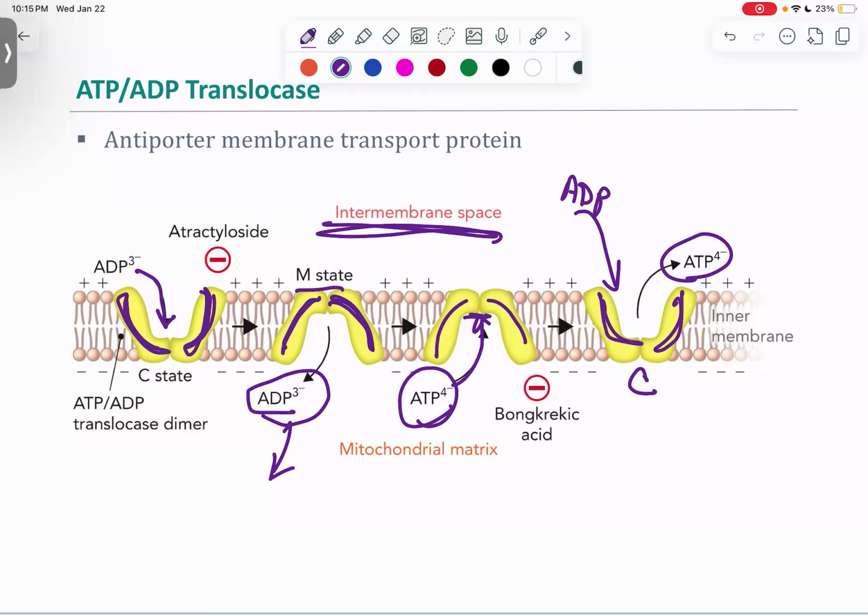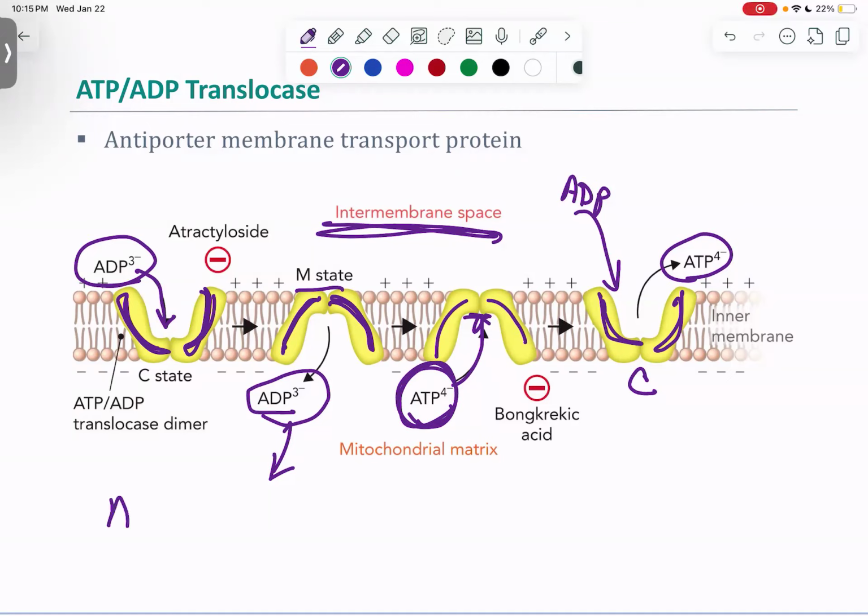So now I want to pause, and I want you to think about the charge differential. So ADP has a charge of -3. ATP has a charge of -4, right? So the electron transport chain is providing energy for this translocase by establishing a membrane potential that actually favors the export of a net negative charge, right?